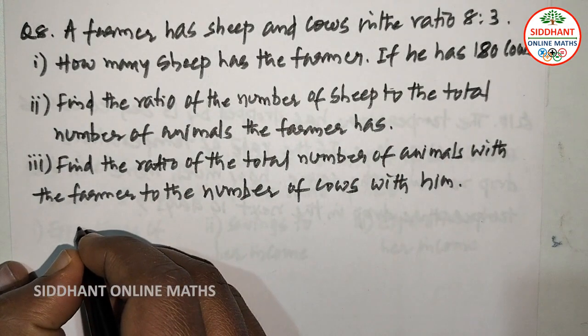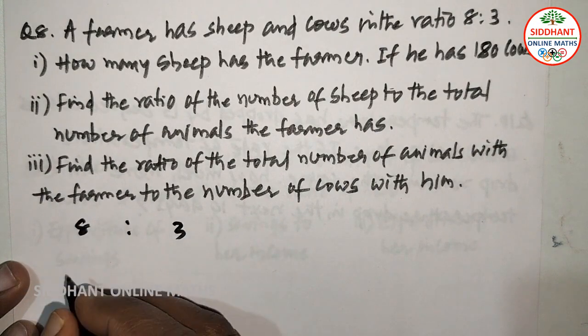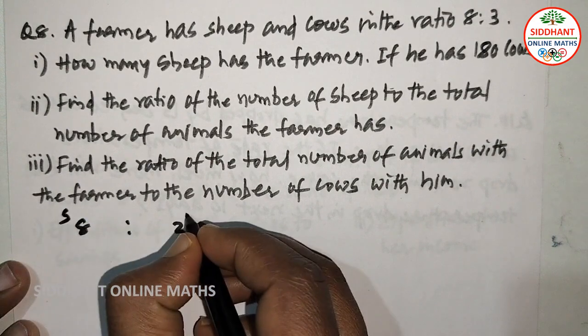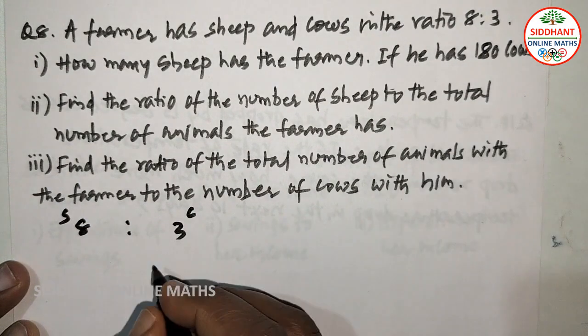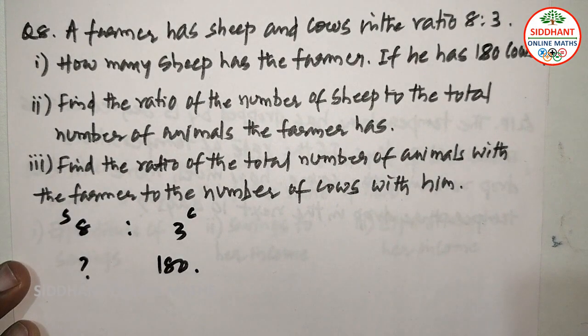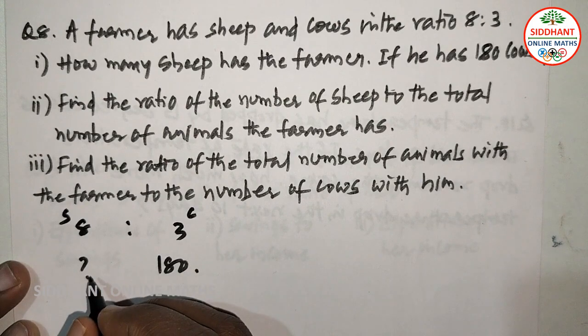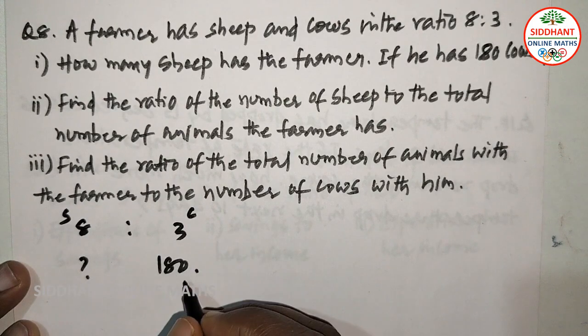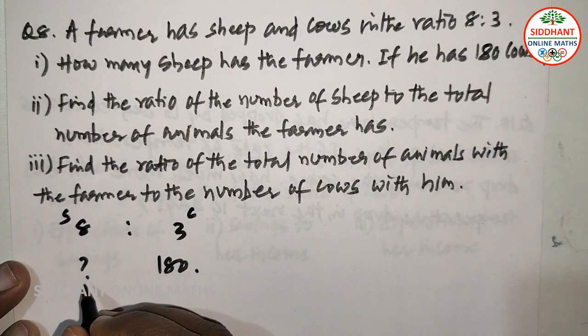So the ratio is 8:3. So here these are sheep and these are cows. So 3 parts, 180 cows are there. Then 8 parts sheep are there. So we are going to find out, if 3 parts are 180 cows, then how many sheep are there for 8 parts.